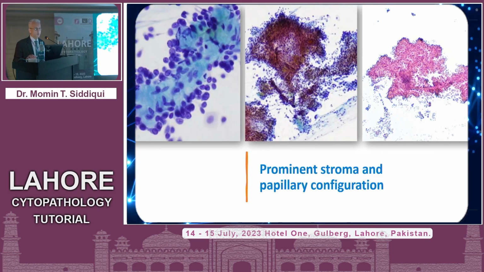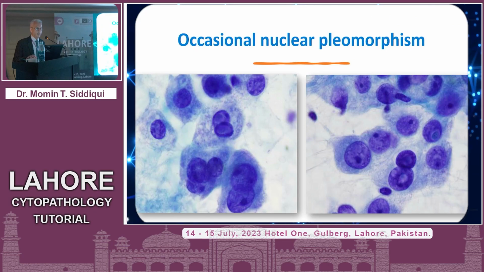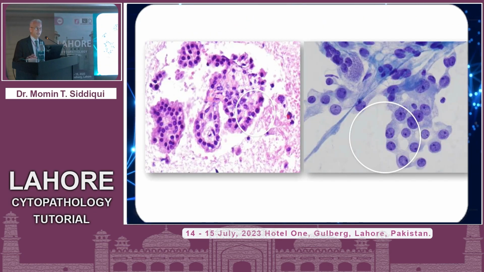So again, more images. These are some really nice images I caught from my own case, which we did call. And here the prominent stroma can be identified and can be noted even at low magnification, accompanied by these papillary configurations. Just like your cases, I think most practitioners would be able to identify and give out a diagnosis quite easily.